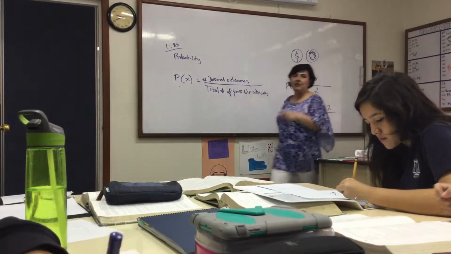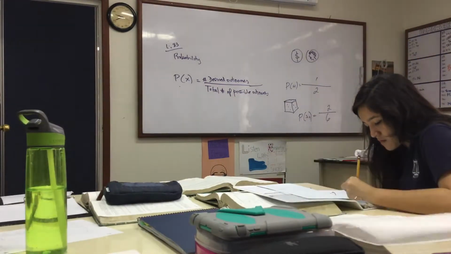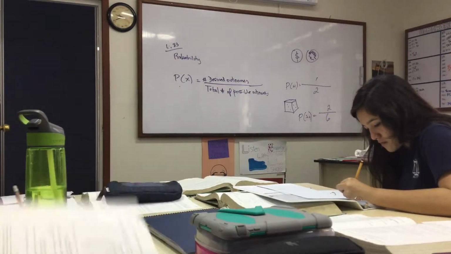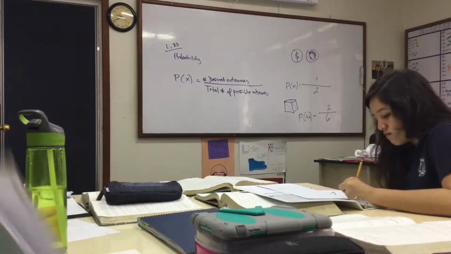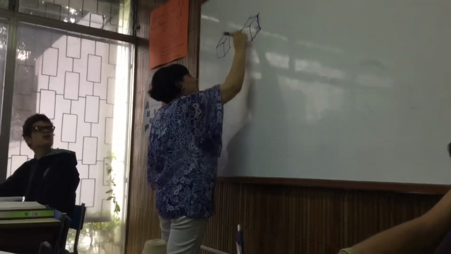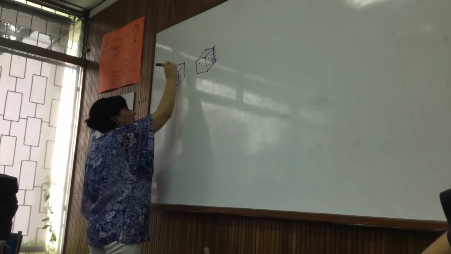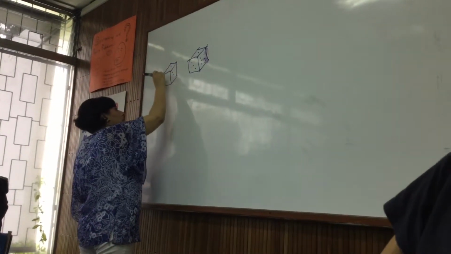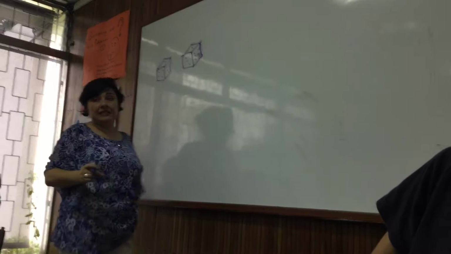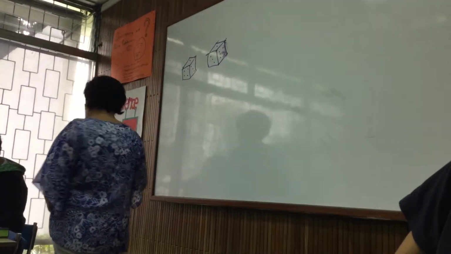Now, in the book, you have a chart, and in the chart, it's because you have 2 dice. As you can see, I would be a good partner with Pictionary. Okay, I have 2 dice, right? And there are all these different combinations.